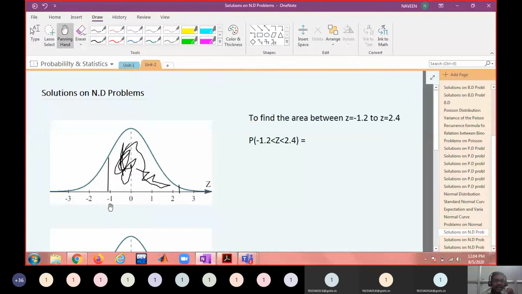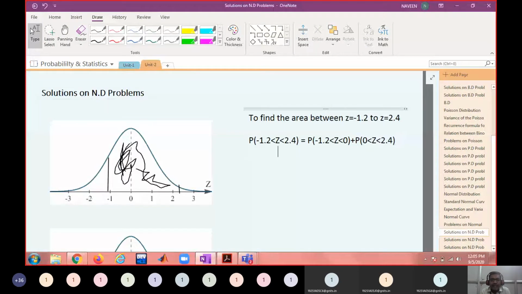So if I want to find the area from minus 1.2 to 2.4, I will split this as the area from minus 1.2 to 0 plus the area from 0 to 2.4.